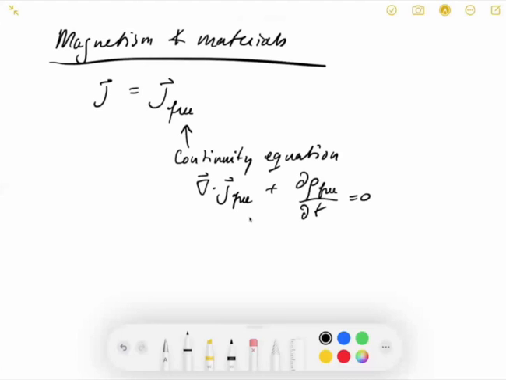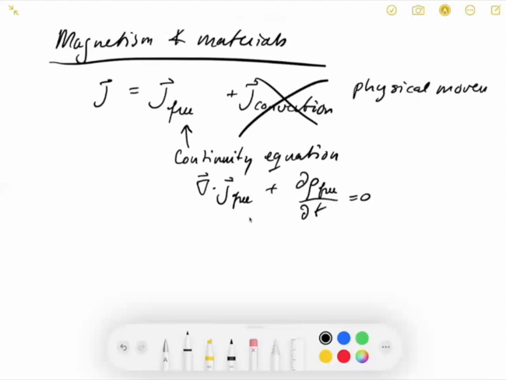Now there are other contributions as well. For instance, there's a convection, which we usually throw out. The book does not really do anything with it. I think that's a reasonable thing to do, because convection is the physical movement of a medium with charges embedded in it.